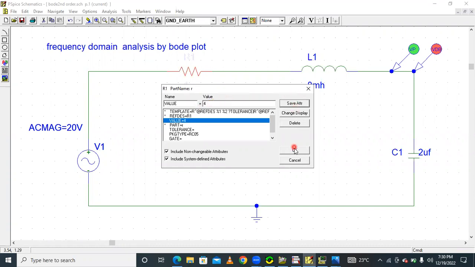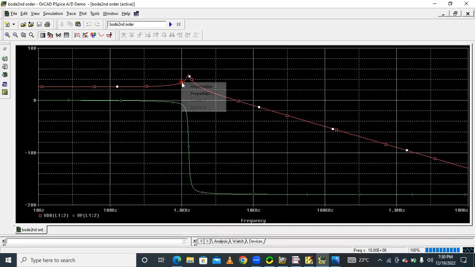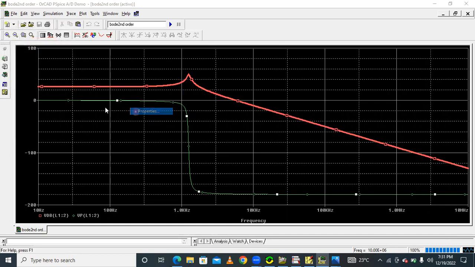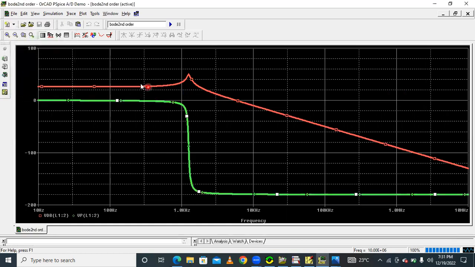And save, and simulate, and then this is our magnitude plot for the critically damped system. This is our phase plot for the critically damped system.